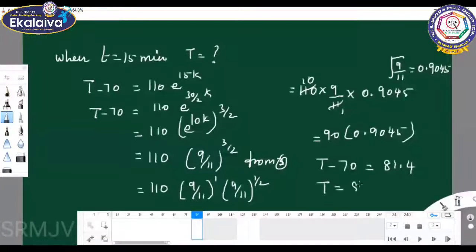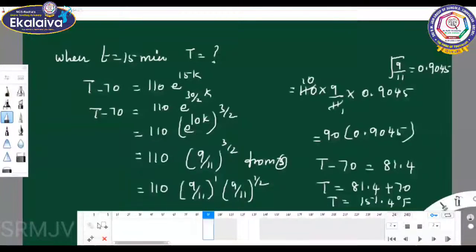T equal to 81.4 plus 70. T equal to 151.4 degrees F.